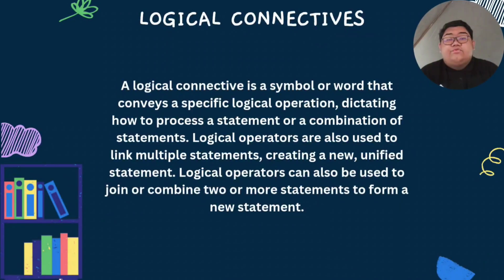Next, we go through logical connectives. A logical connective is a symbol or word that conveys a specific logical operation, dictating how to process a statement or combination of statements. Logical operators can also be used to join or combine two or more statements to form a new statement.